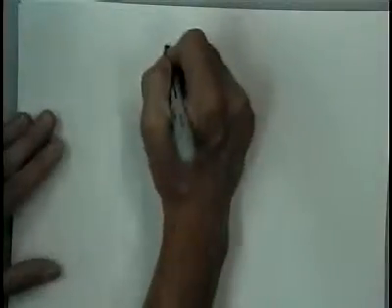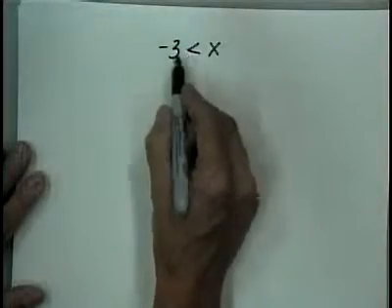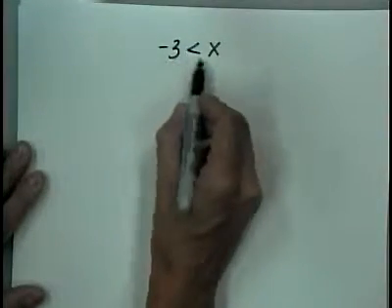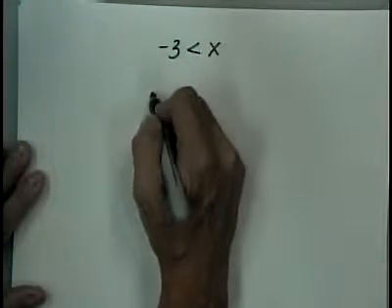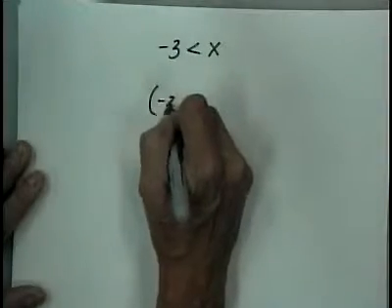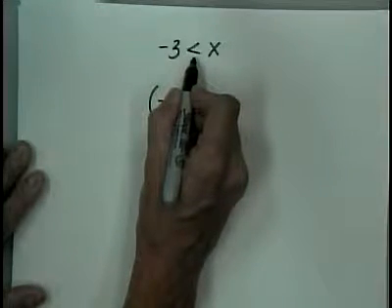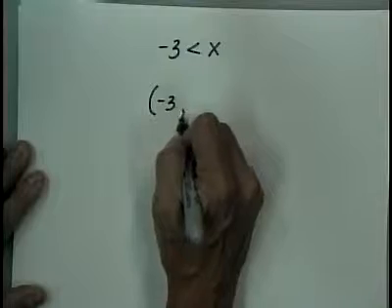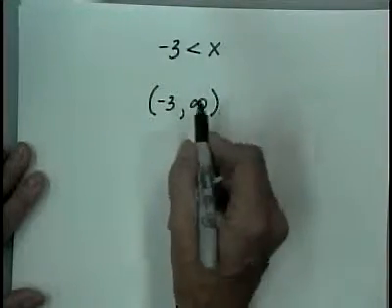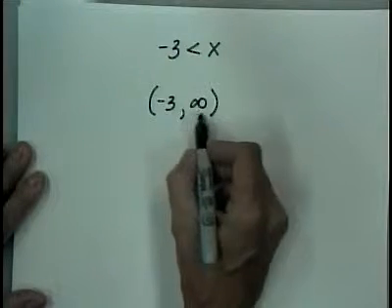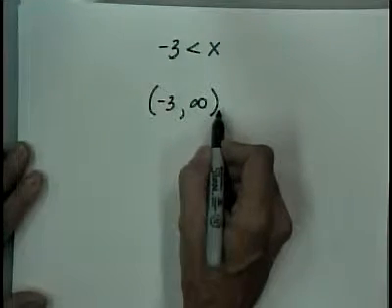So let me rewrite my solution set here. In interval notation, the smallest item in my solution set is the number -3, but I use parentheses on the left, not a bracket, because there's no equal to attached to the inequality. To the right of that, I use an infinity symbol with parentheses to indicate all the numbers in my solution set are all the numbers bigger than -3.